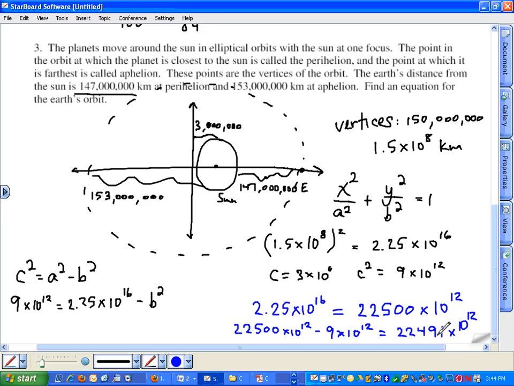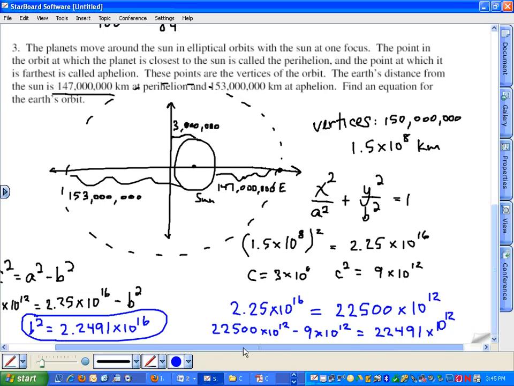And then if I move the decimal 4 more places to the left, and increase the exponent back to 16, this is going to be b squared is equal to 2.2491 times 10 to the 16th. So now we have the value of b squared.